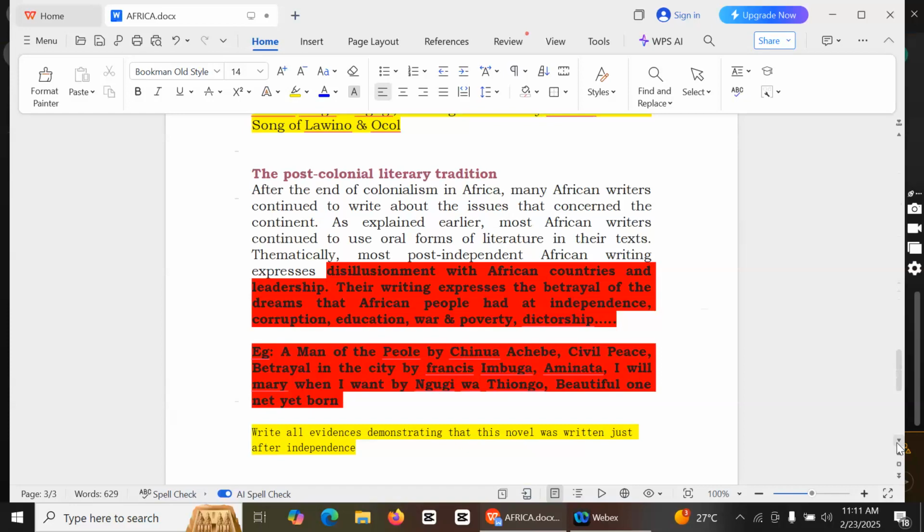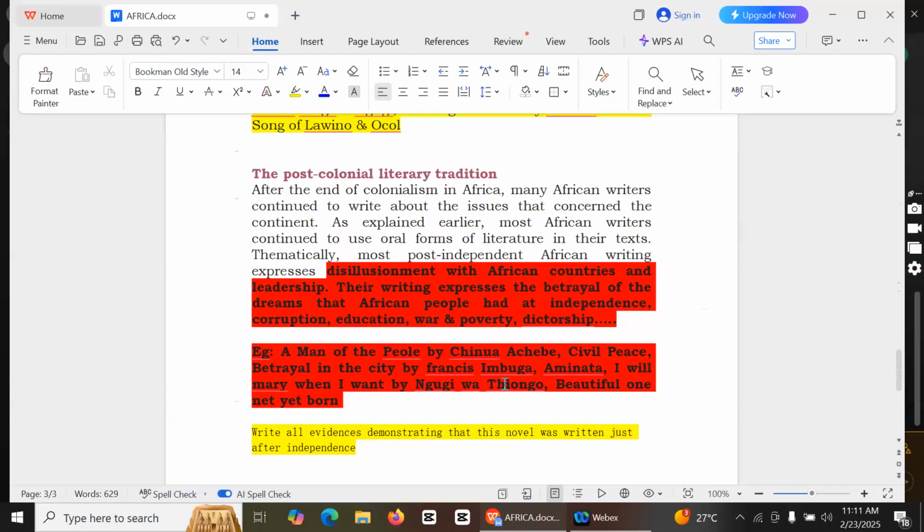The most of them here we have Chinua Achebe. Chinua Achebe is a good reference, and Ngugi, the same as Francis Imbuga.